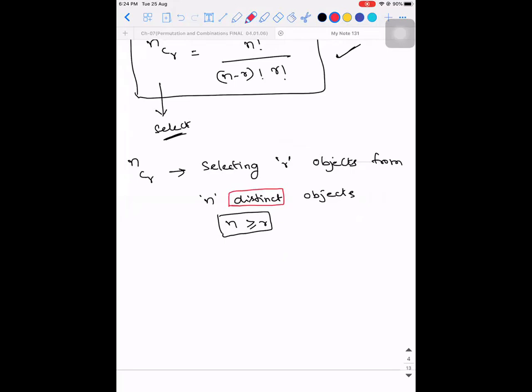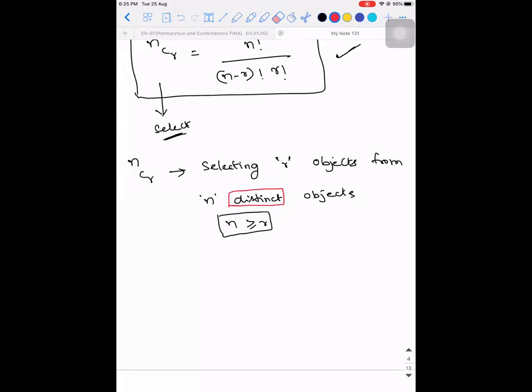It is possible only in one way. In how many ways is it possible? It is only one way, so it's 100% sure you are going to do it like this only. It doesn't apply for one object.